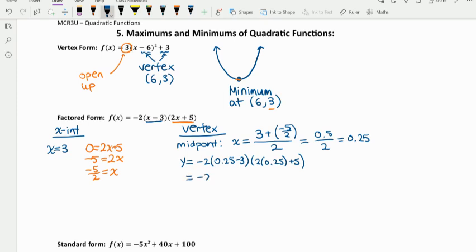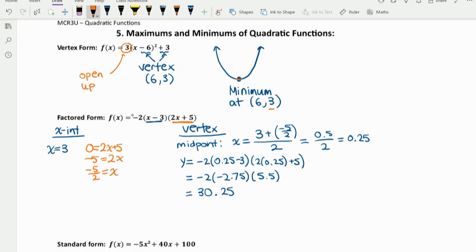You should have negative 2 times negative 2.75 times 5.5, if you try it in your calculator. Altogether, it should give you 30.25.